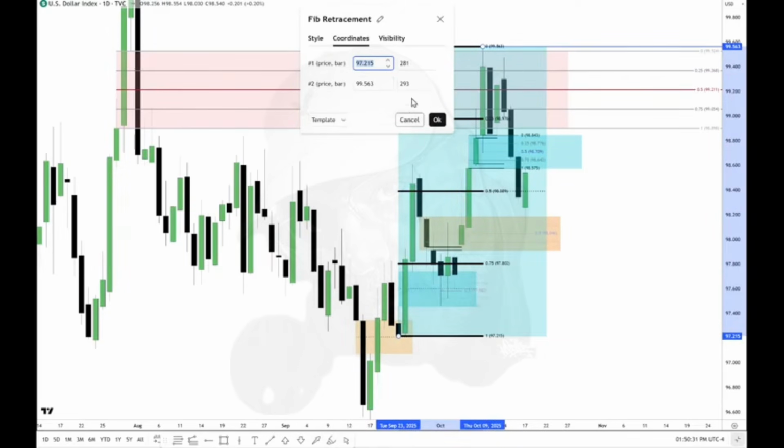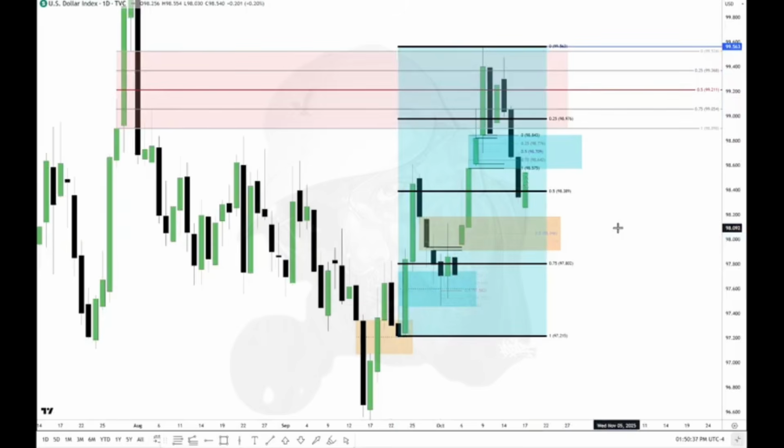And then making sure that I have the full grading levels. By having this, it tells me where I can focus in on very high probability shifts in market structure, where it can draw down to as a retracement, and what PD arrays lie inside of each one of these quadrants.